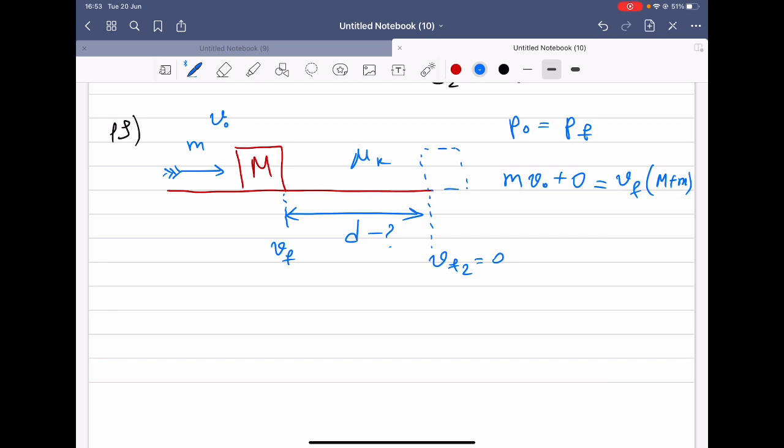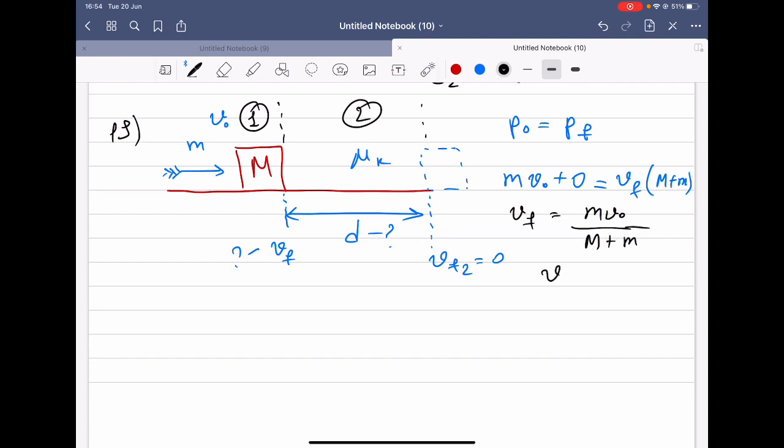Okay, first of all, let's find what this velocity is. So we are considering first of all this part. Let's call this the first part, and this the second part. So what happens in the first part? In the first part, V final using the conservation of momentum is equal to m v initial divided by the mass of the block plus the mass of the arrow.